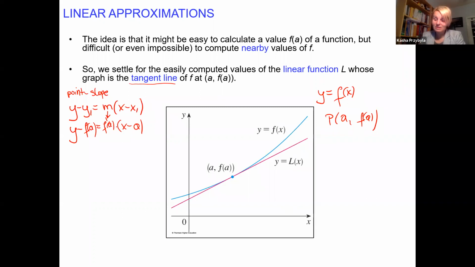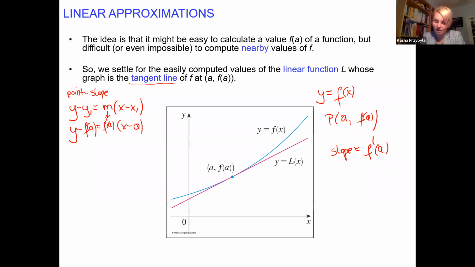That means the equation I just wrote is basically the equation of the tangent line, because f prime at a is the slope, the derivative at the given point.